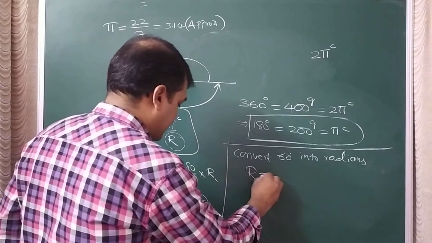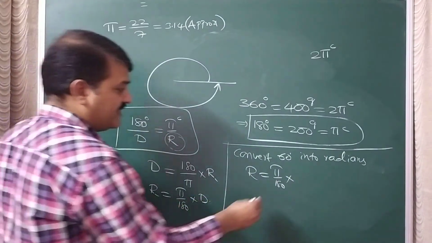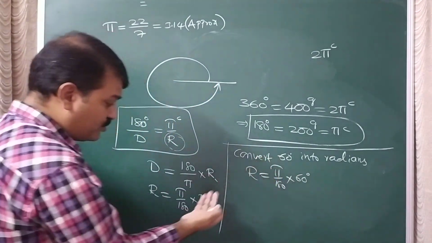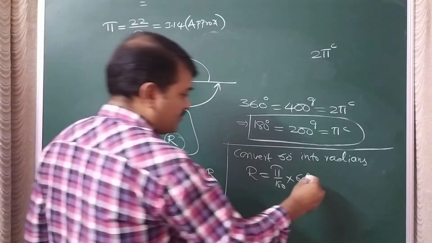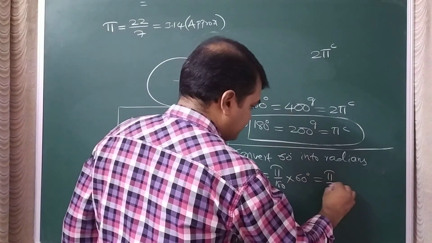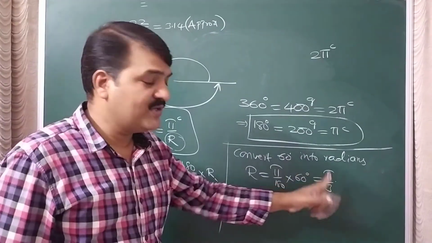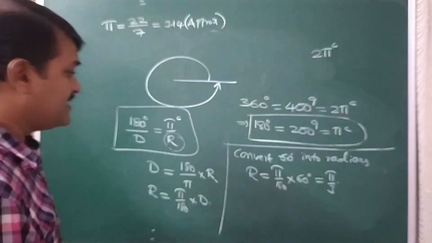So r is equal to pi by 180 into, in place of d, you write 60 degrees, because degrees is given, we have to put it here. You will get the answer in radians. So what is the answer? Pi by 3. So 60 degrees in radians is going to be pi by 3. That is the process actually.